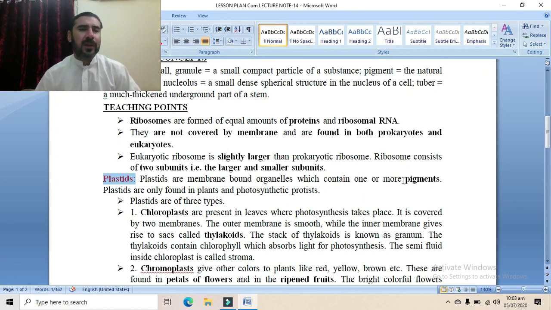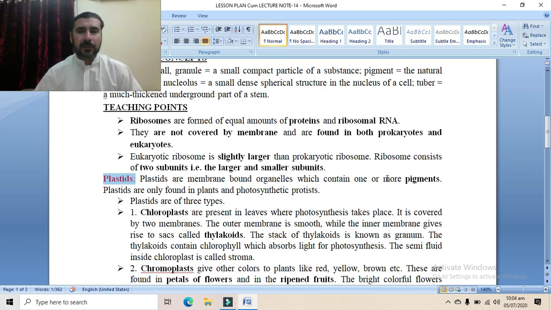For example, chlorophyll, which is found in the chloroplast, which is one of the types of plastids. We will study it later. So chlorophyll is found in the chloroplast and it is a green color pigment. Similarly, melanin is a pigment which is found in human skin, and that is a brown color pigment.